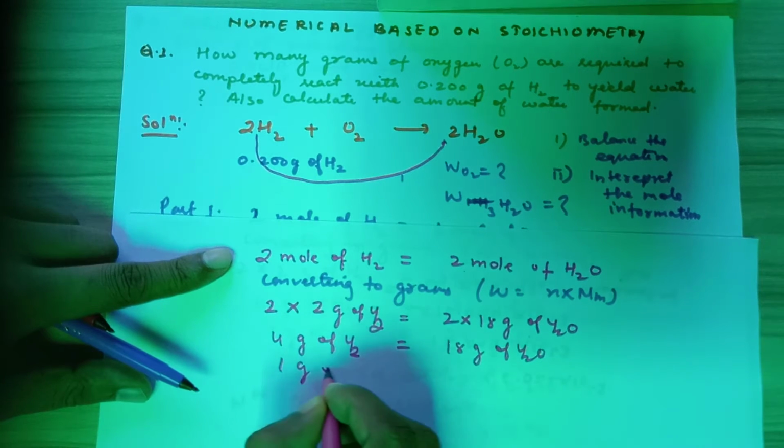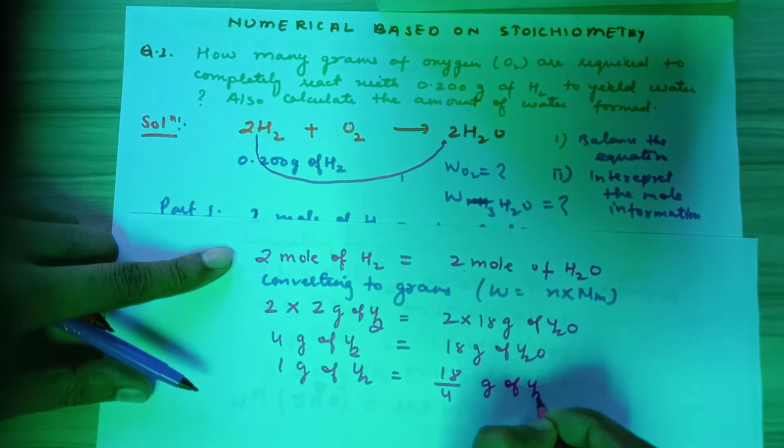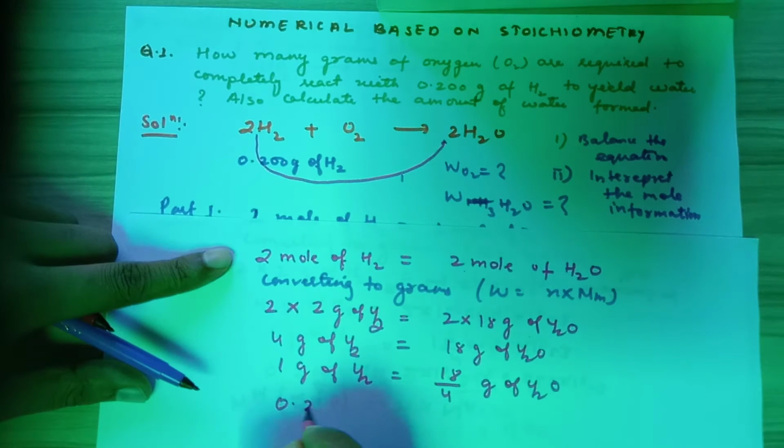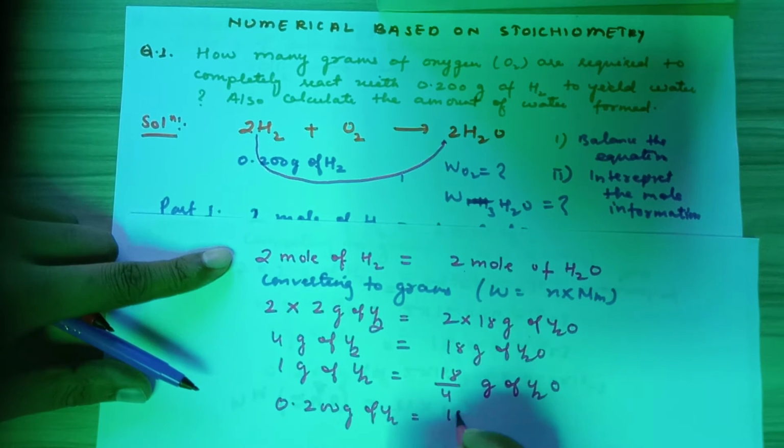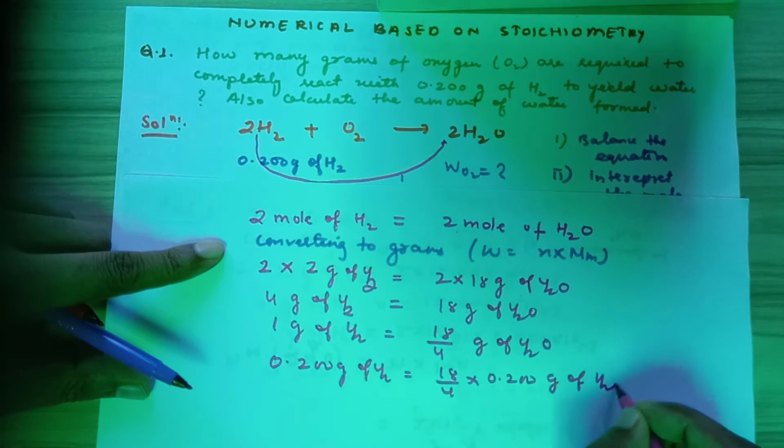So 1 gram of hydrogen will give 18 by 4 gram of H2O. So 0.200 gram of H2 will give 18 by 4 into 0.200 gram of H2O.